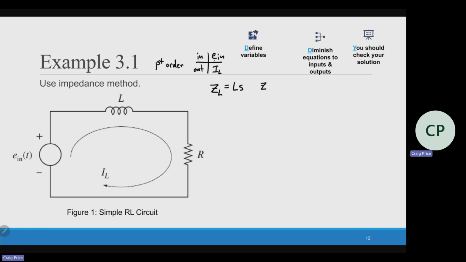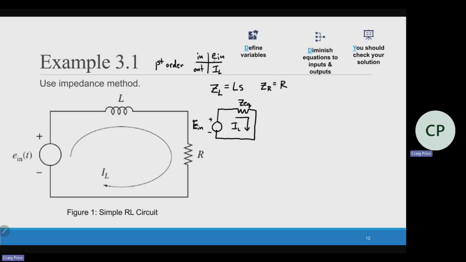The impedance of the resistor is just equal to R. So I can redraw this, still have the same current going through all of it. I'll change that to capital.